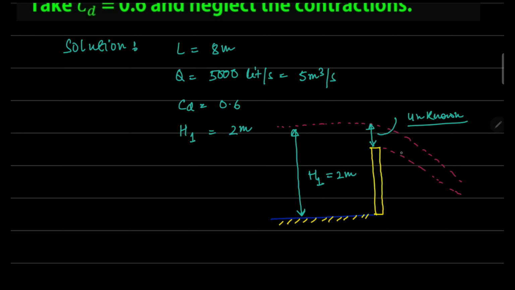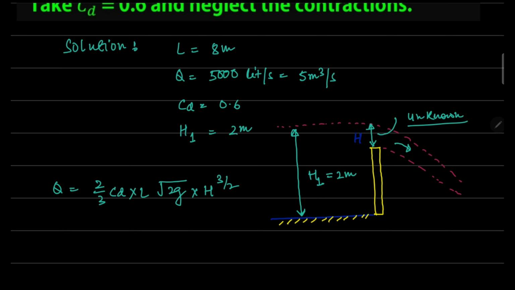However, the Q value, that is the discharge passing through this weir, is given to us. So we can relate this problem with the equation of discharge, that is Q is equal to 2 by 3 CD multiplied by L under root 2g multiplied by H raised to the power 3 by 2. Let's say this is the H that we have to determine.